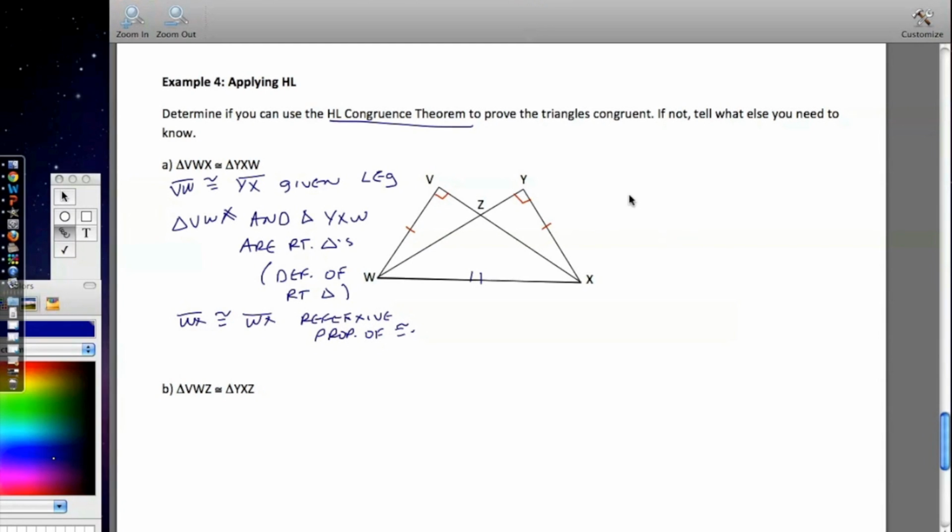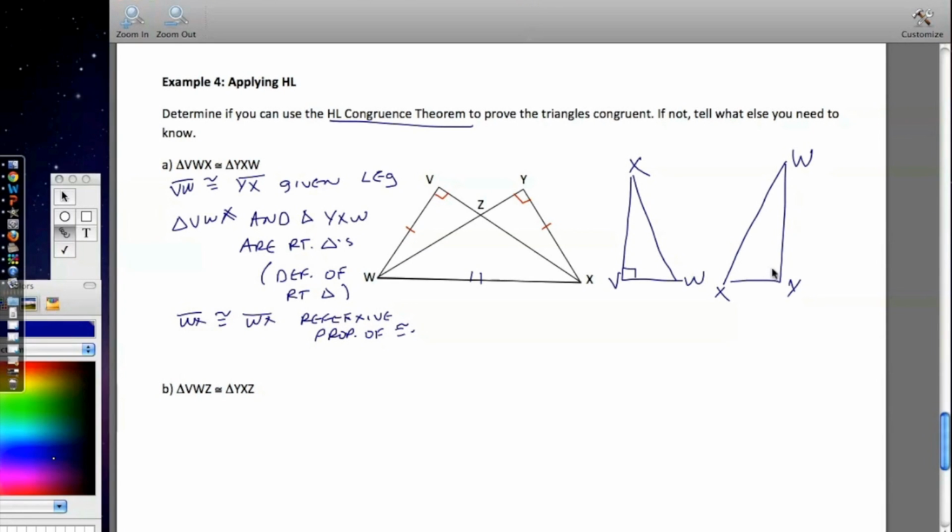It might help you to draw these out. So what you would have is something like this. This would be V, this would be W, this would be X, and my other triangle would look something like this. On my top here, I would have W, I would have Y, and I would have X here.